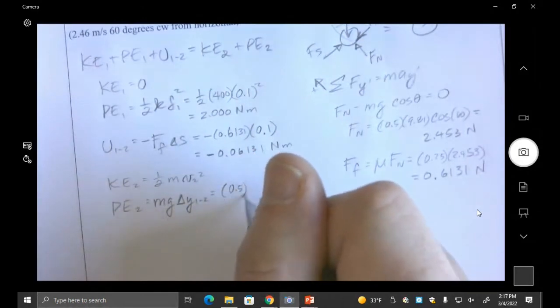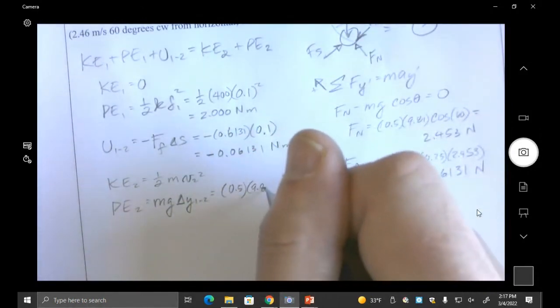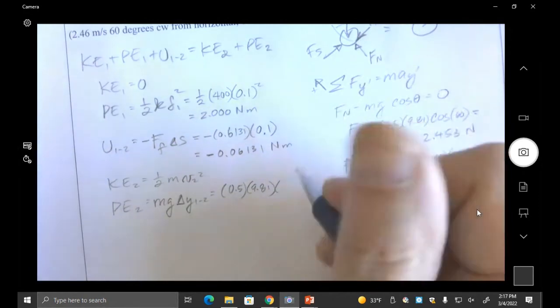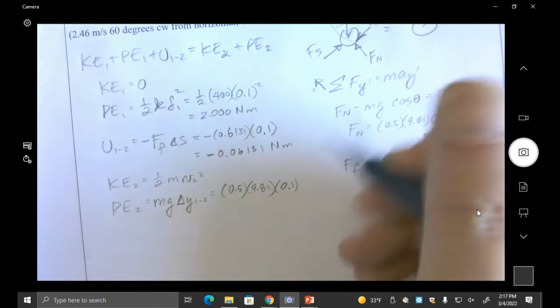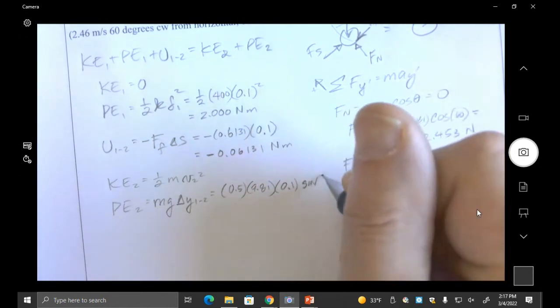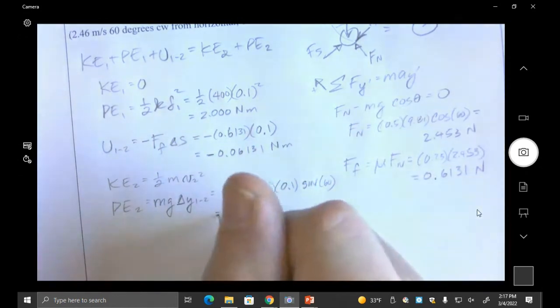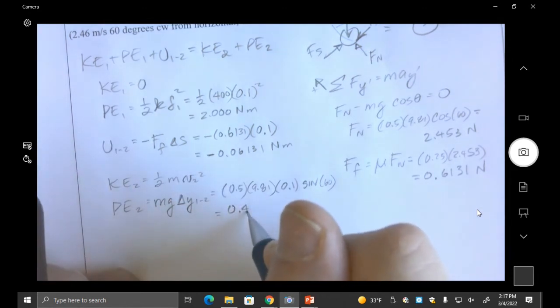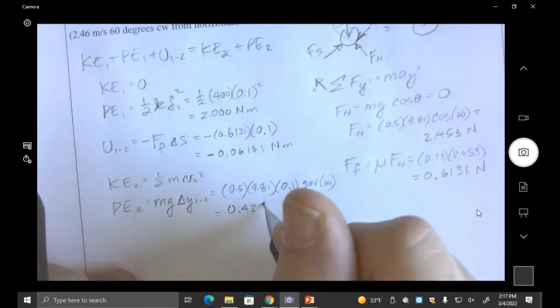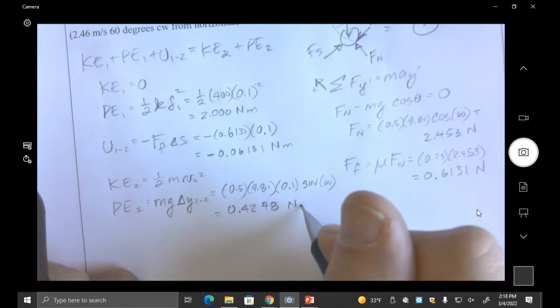So it's 0.5, 9.81, and that's going to be 0.1 times the sine of 60. So 9.81, 0.5, 0.1 times sine 60. We get a pretty small number, 0.4248, call it Newton meters.